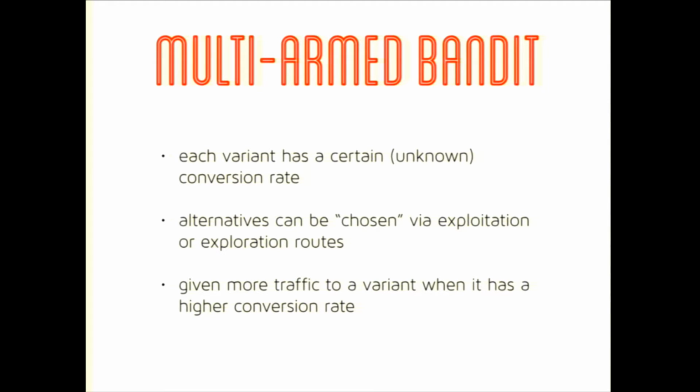So you can say, okay, fine, I have 2 variants. One of them is improving my conversion rate. Your system will automatically give that version more traffic so that you improve your conversion rate all around. And the multi-armed bandit is actually something that Google's analytics tool provides, and a lot of other tools provide this as well. But it's a little tricky to get correct.